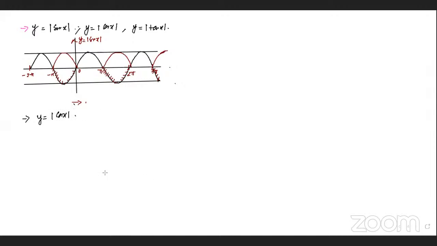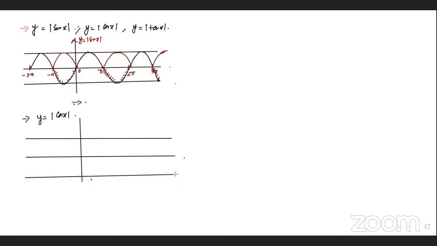If we draw the cosine once again over here, the cosine function will be like this, this is my cos x.